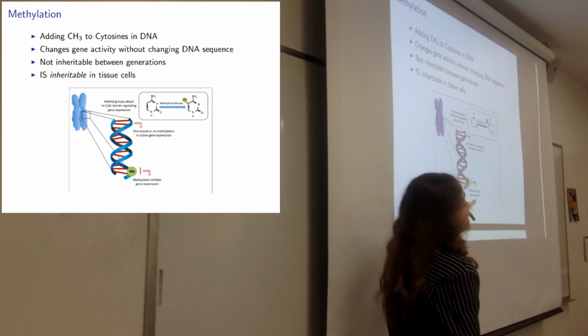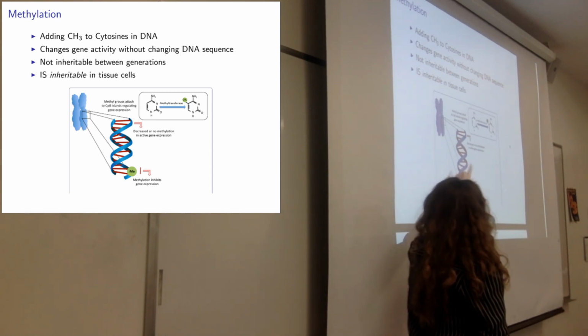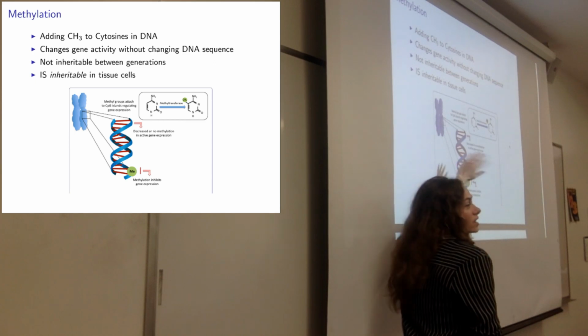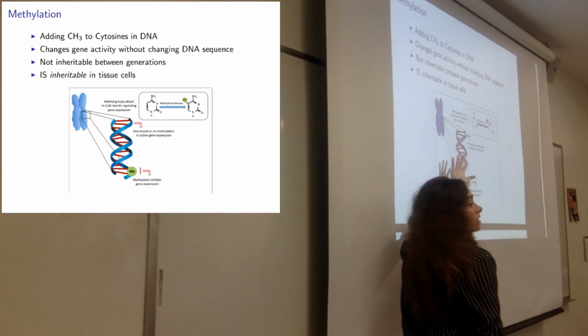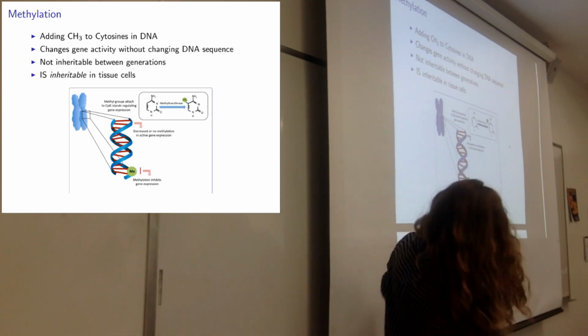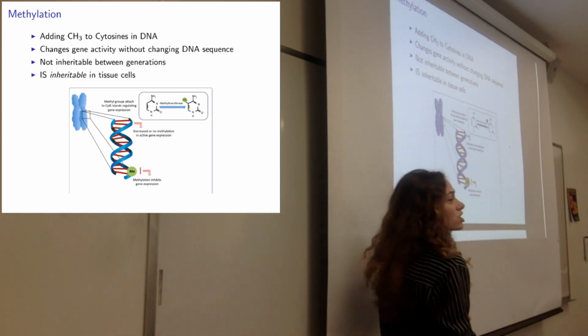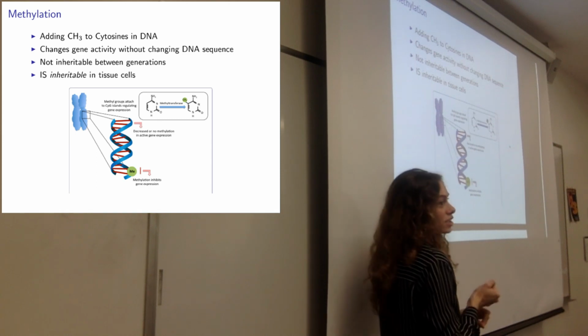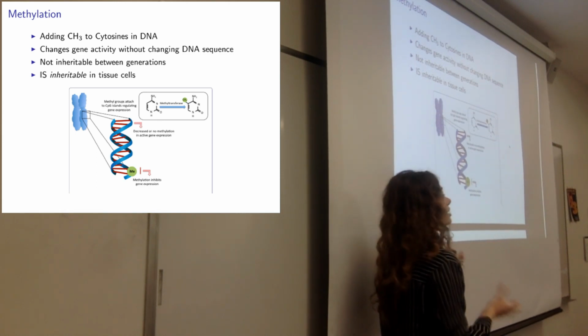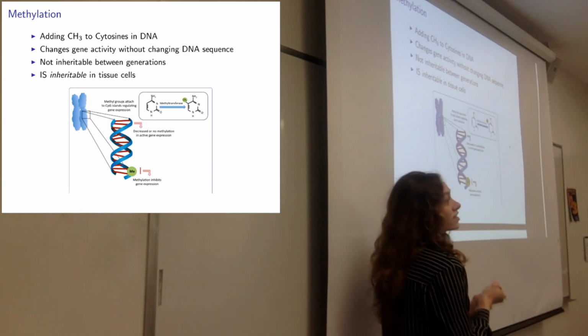So there's less gene activity that's around this methylation group. Whereas at this part of the DNA, there isn't a methyl group. So the gene activity is usually higher. You can have more expression up here. So that's the difference in terms of what methylation does. Again, not changing the sequence. You don't get it from parent to child, but it's very important to maintain the tissue cell type.